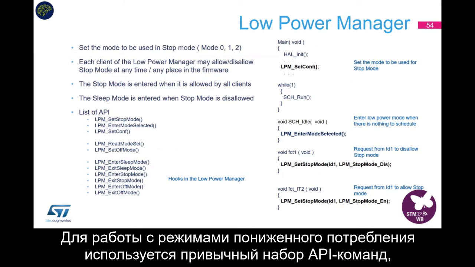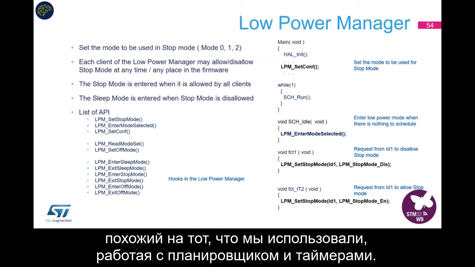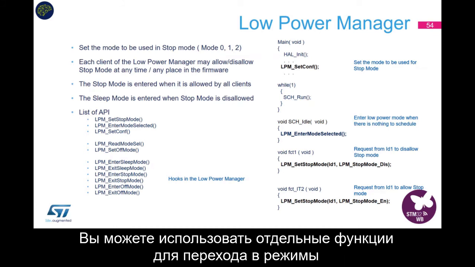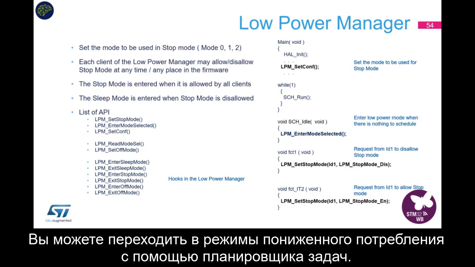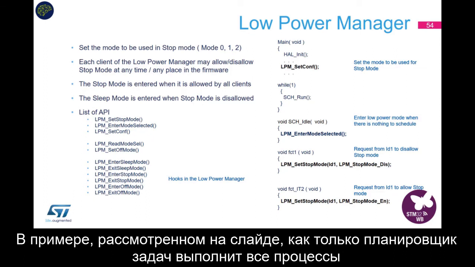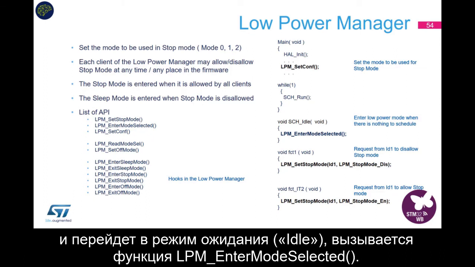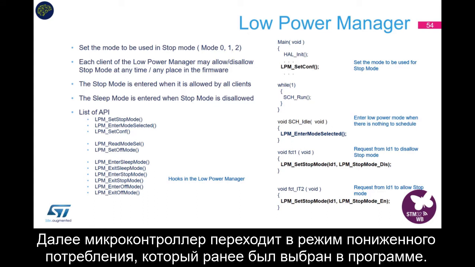And the API command set is there, so you can say if you want to enter sleep, stop, or actually go offline completely. So you can set these different modes and call them in your scheduler. As soon as you enter schedule idle, you enter low power mode selected. So whichever low power mode you've previously selected is the one that you'll go into.